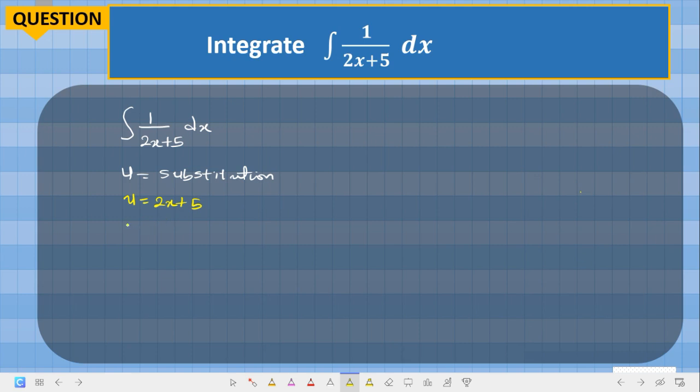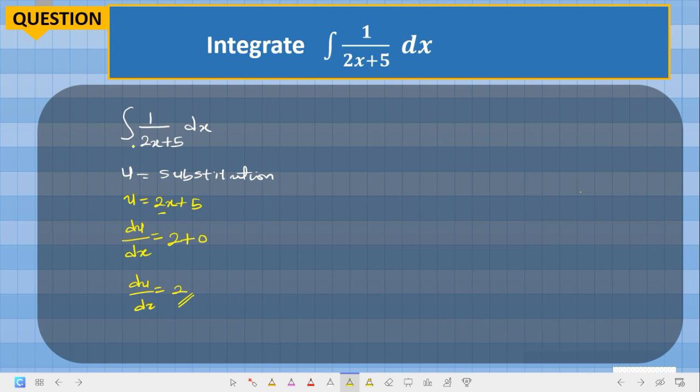Differentiating u with respect to x, what are we going to have? You have du over dx is equal to, when you differentiate 2x it will give us 2, plus when you differentiate 5 it is going to give us 0. So our du over dx is equal to 2 plus 0, which is 2. So du over dx is 2.